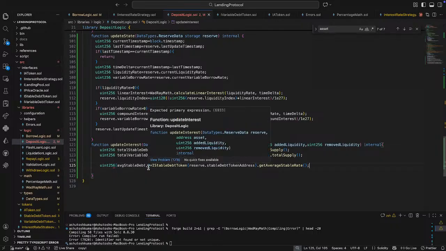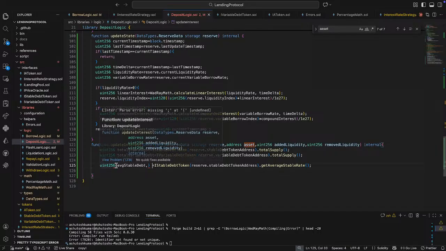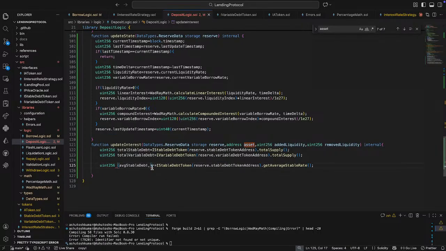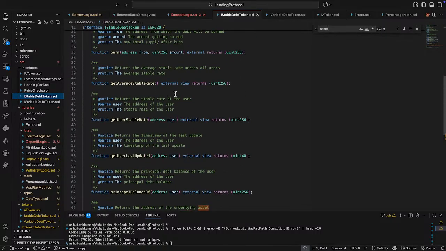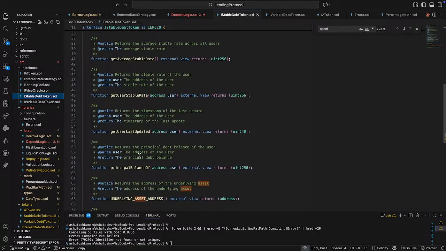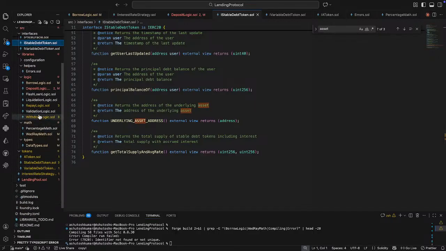Do we have that logic? Let's see. I stable debt token: get average stable rate, get user stable rate, get total supply and average rate, and what it returns.